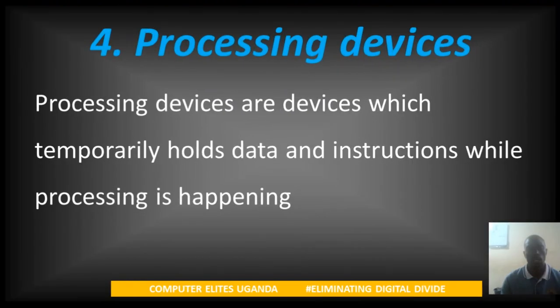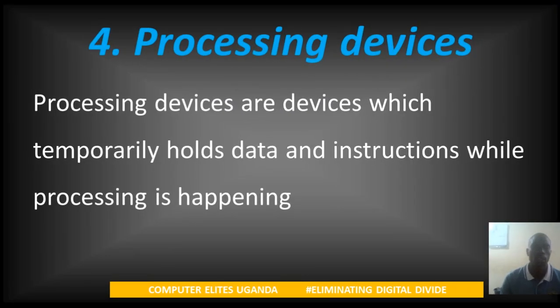Then our next category is the processing devices. Processing devices are devices which temporarily hold data and instructions while processing is happening. So remember, when we are using computers, computers process data into information.